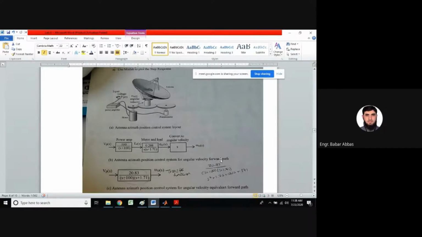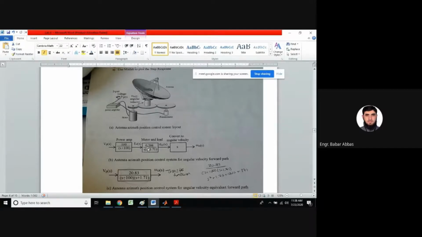That error signal is forwarded to the preamplifier and power amplifier, which amplifies the signal. Usually the magnitude of that signal is low, so the power amplifier is used to amplify it, followed by the motor and the load.